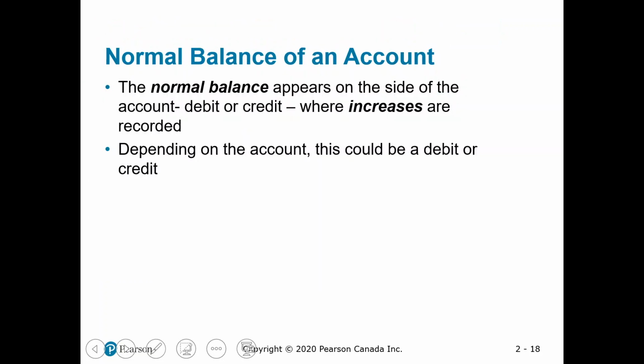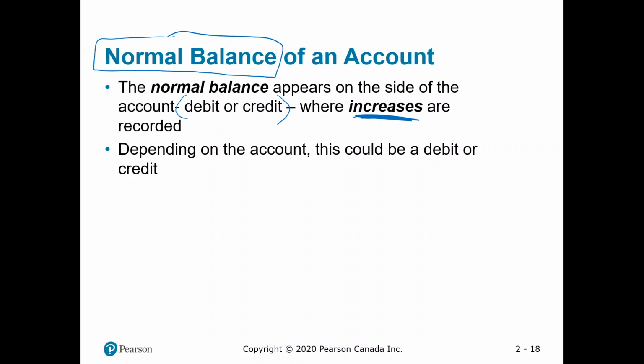So it's also important to discuss what the normal balance of an account is. And that is what we would normally see the balance to be on the trial balance, which we'll get to in step 4. And the normal balance is always the side, either the debit or the credit, where an increase is recorded.